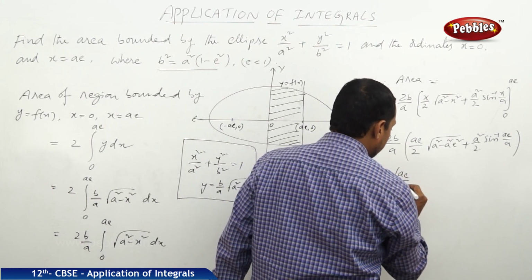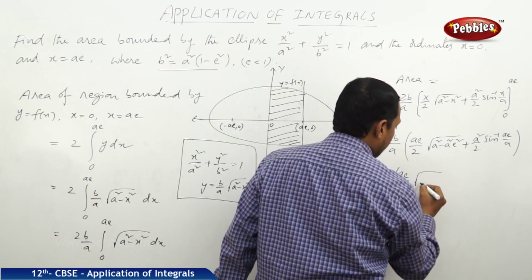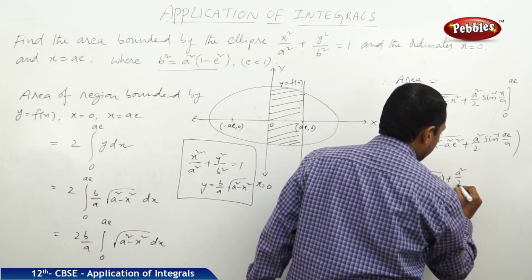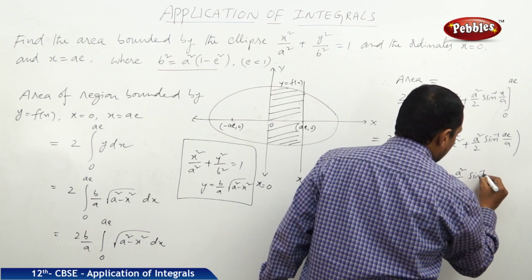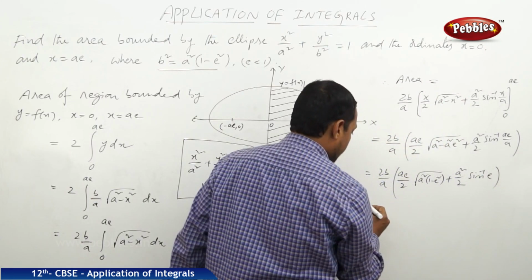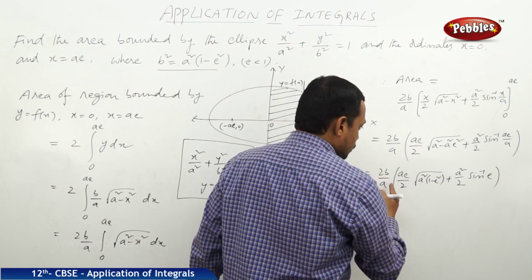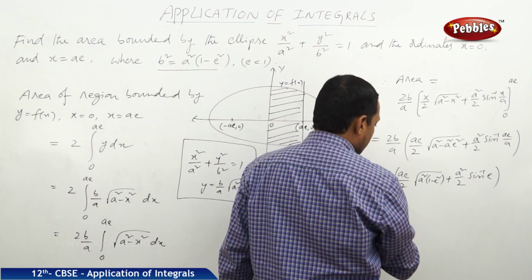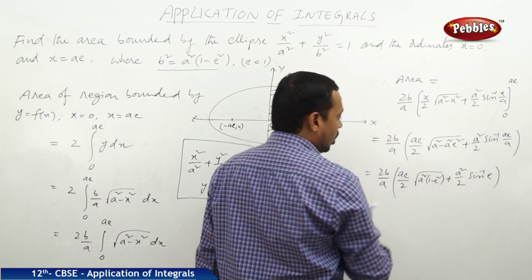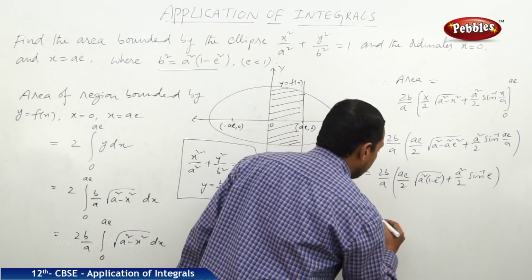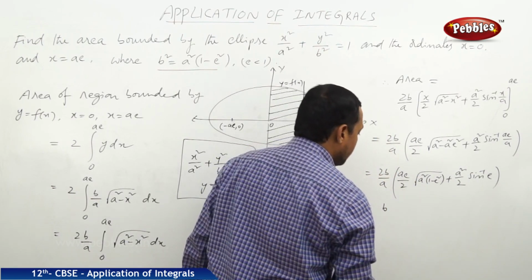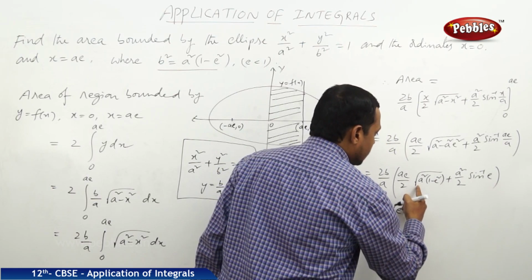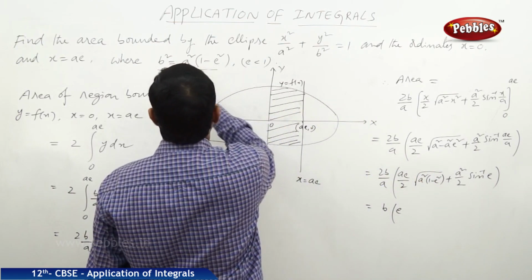Now this is 2b by a into ae by 2 into square root of, taking a square common, 1 minus e square, plus a square by 2 into sin inverse e, as a gets cancelled. When we take 2 common, it cancels with the 2 in the numerator, and taking a common from the numerator cancels with the denominator. So finally this is b into e into root of a square into 1 minus e square, which is b square.